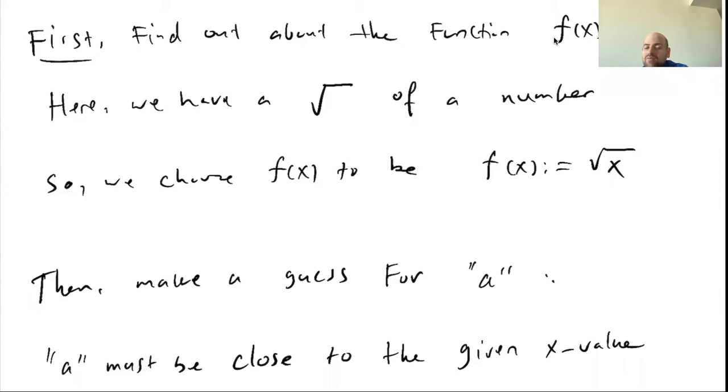For example, root 4.11 we cannot do without a calculator, or root 4.09, not without a calculator. But which number close to 4.1 can we take the root of without a calculator? 4 itself. Root 4 we can of course calculate without a calculator, which is 2.